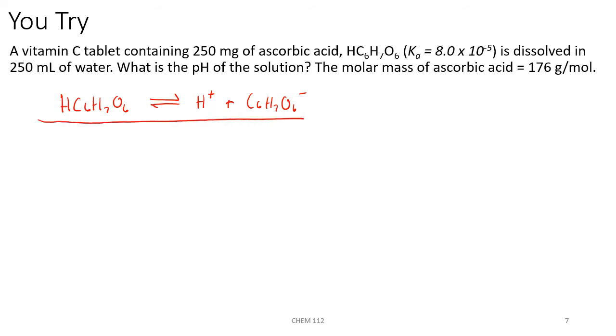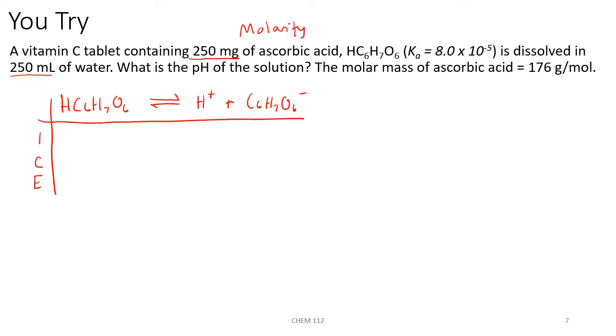We're going to want to construct our ice table. And we were not given an initial concentration for our weak acid, so we're going to have to calculate that. We know we have 250 milligrams of it, and it's dissolved in 250 milliliters of water. We need to figure out the molarity of our weak acid in order to use it in our ice table.